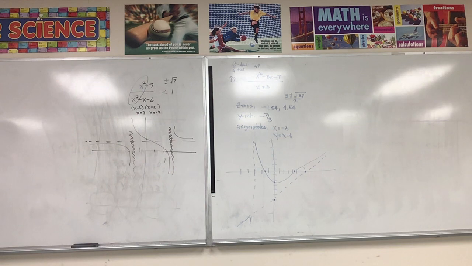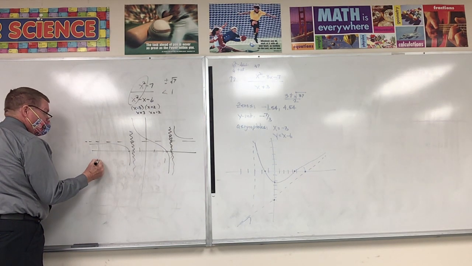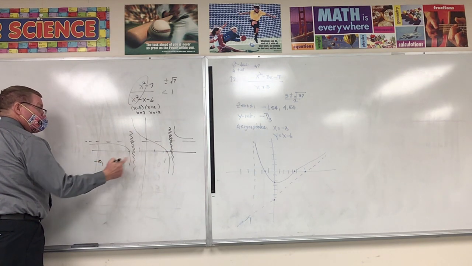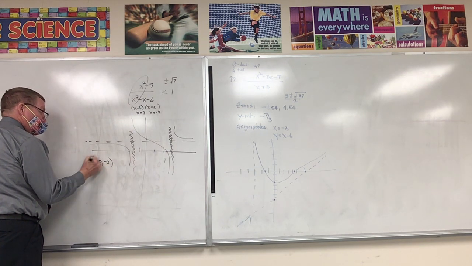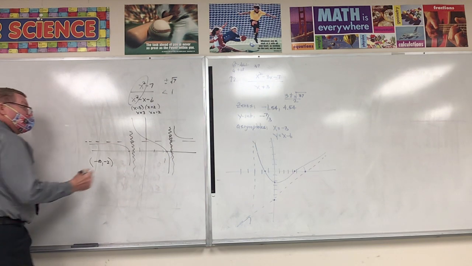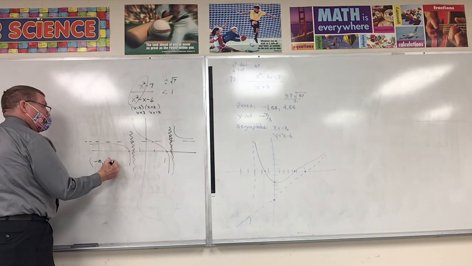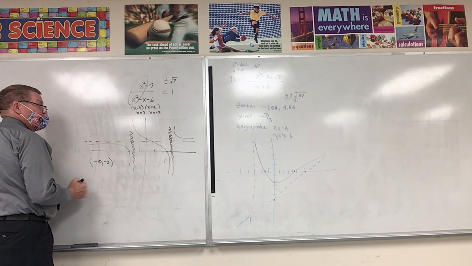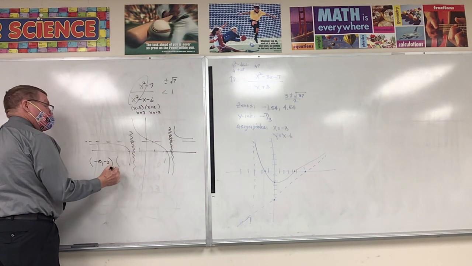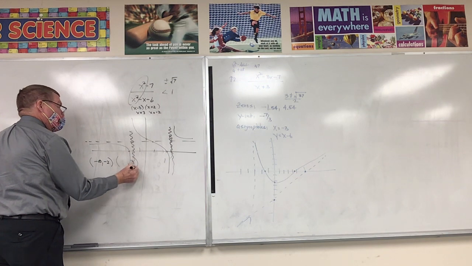They want to know where you are below one. So we're below one from negative infinity to negative two. We are below one from here to three.